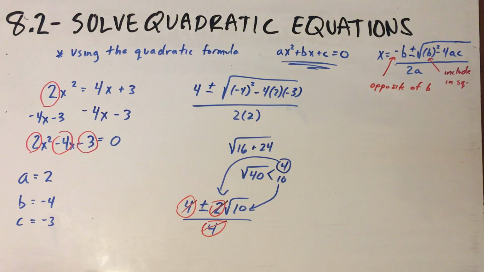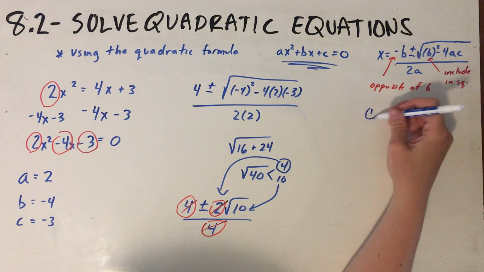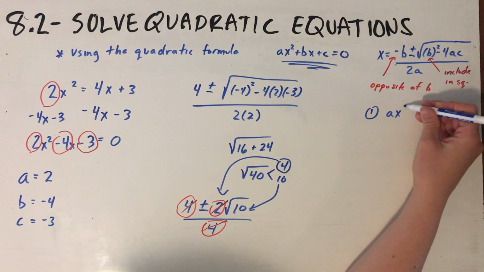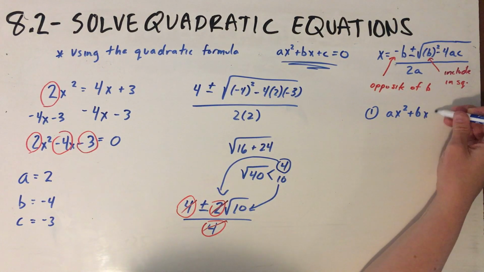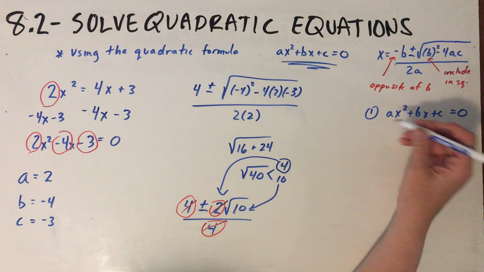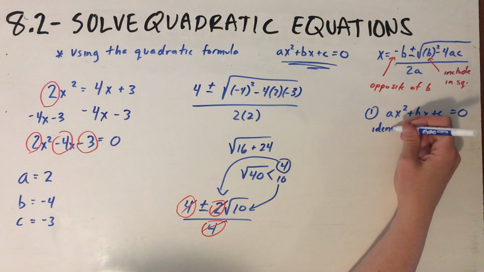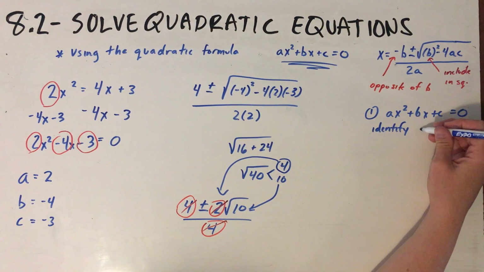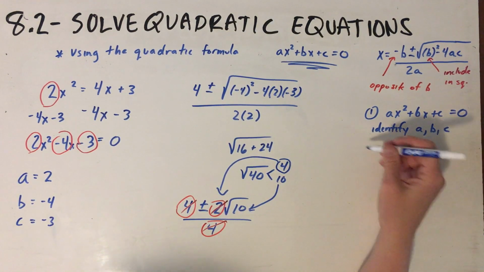So when we're working with a quadratic equation, our first step is to get everything in this format, ax squared plus bx plus c equal to 0. Then we identify a, b, and c.